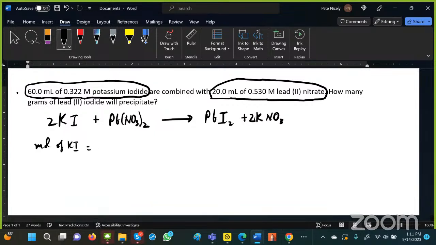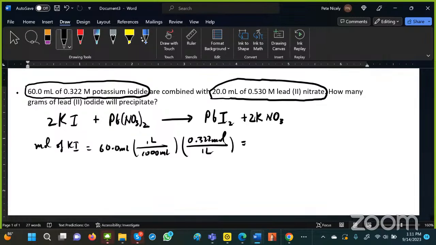That would be equal to the 60.0 mL, which I will convert to liters, 1 liter over 1,000 mL, and then multiply by the molarity, which is 0.322 moles over 1 liter. All right, let me do the calculation now. 60 divided by 1,000 times 0.322.